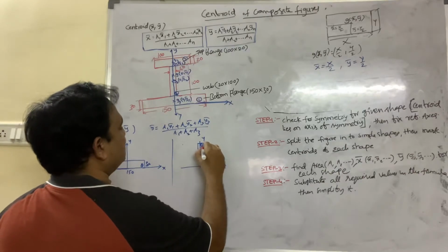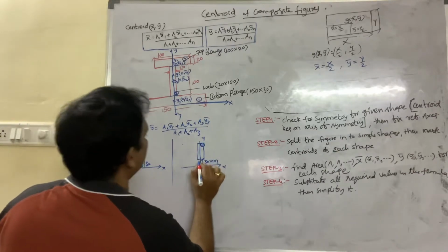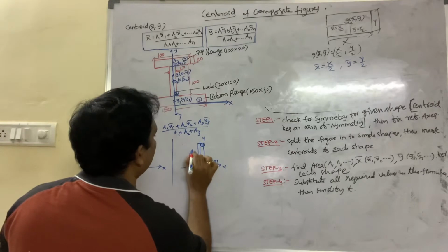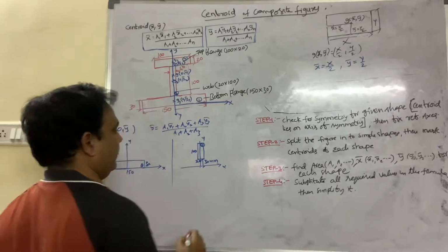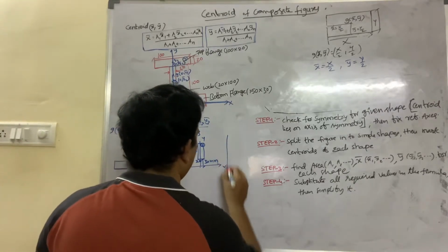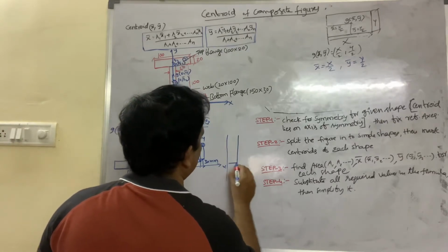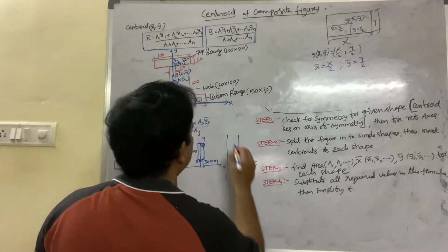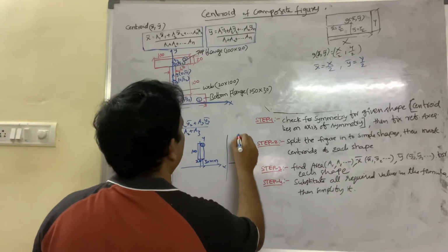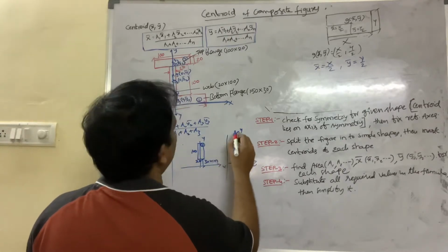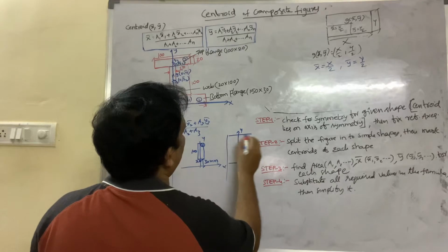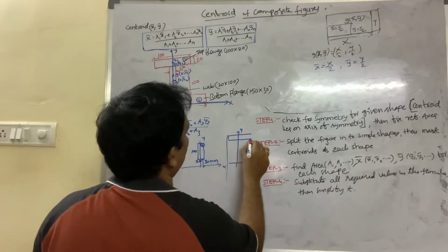And this second section has the dimensions 20 into 100. Let us move to the third figure. This is the x-axis and this is the y-axis. What is the location of the third member?